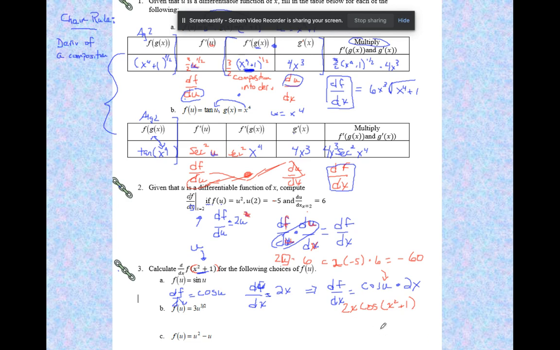So notice that what I've kind of been showing is this way of thinking of the chain rule as these df du's times du dx expressions.